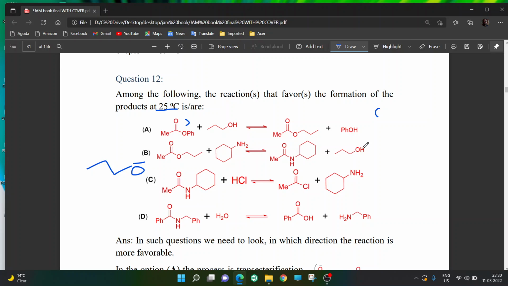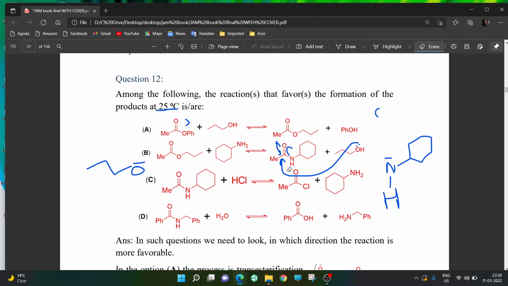Whereas here, if the oxygen attacks, this goes up, this bond comes down, and what will go out is the cyclohexylamine anion, NH minus. Now nitrogen cannot stabilize negative charge as much as oxygen can, because nitrogen is less electronegative. So therefore this is definitely more stable.